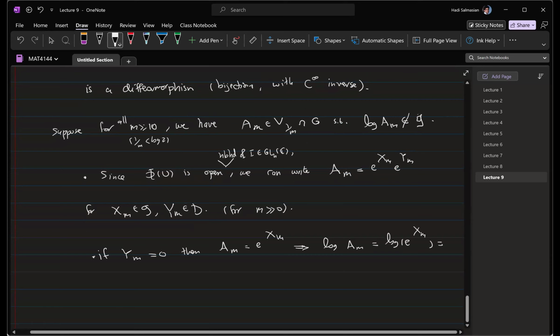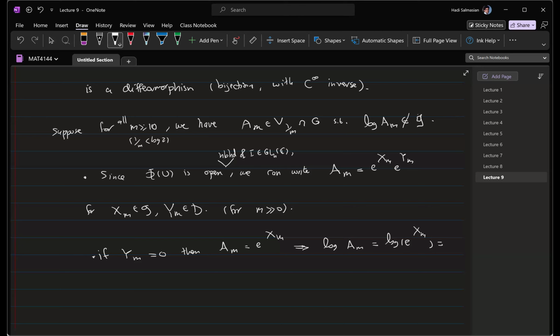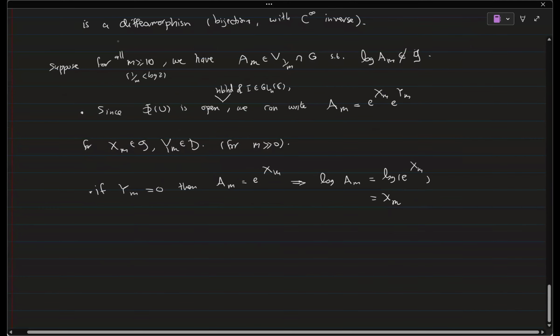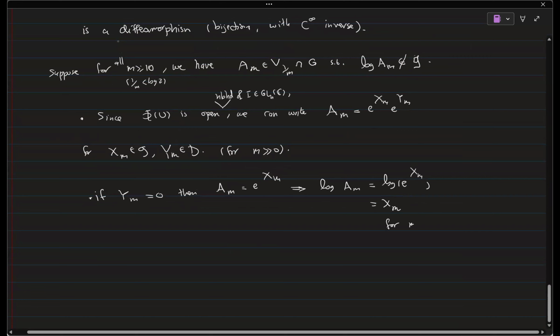But we know that xm is in some good neighborhood, it can come from some small neighborhood. So this log of e to the x will be just xm, for m sufficiently large.